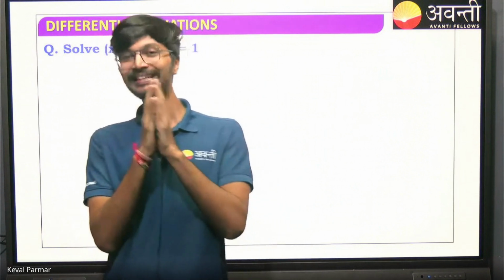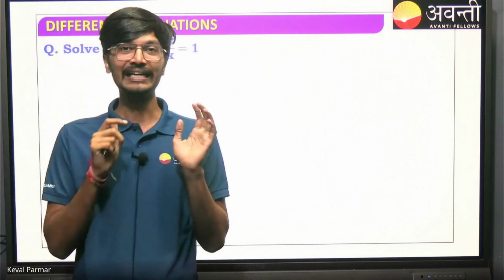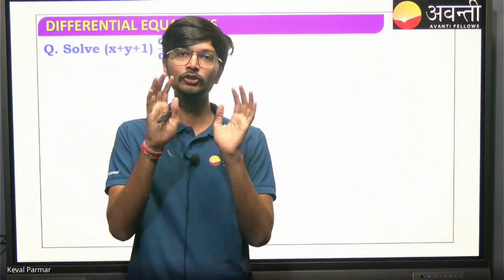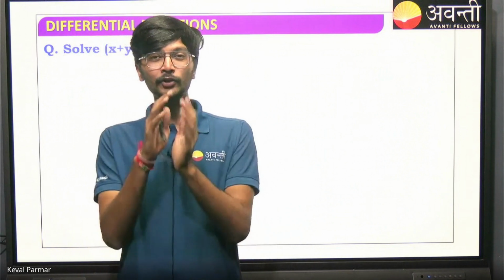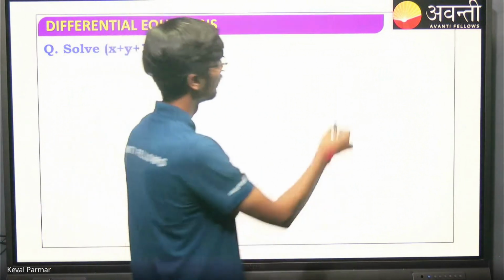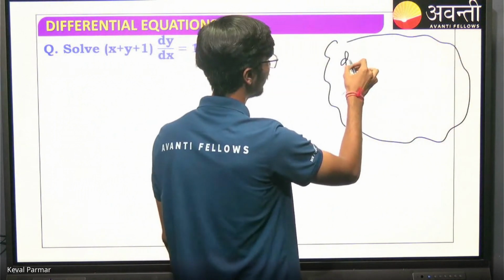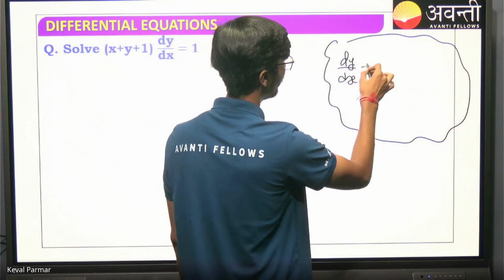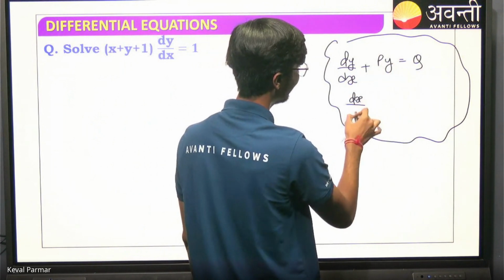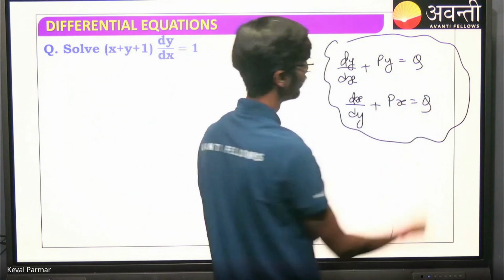So how to think that is, if the question is linear in y, that is the first format, dy by dx plus py equals to q. There you will see only one y term and multiple x terms. Let's write the formats here. Dy by dx plus py equals to q. And second was dx by dy plus px equals to q.